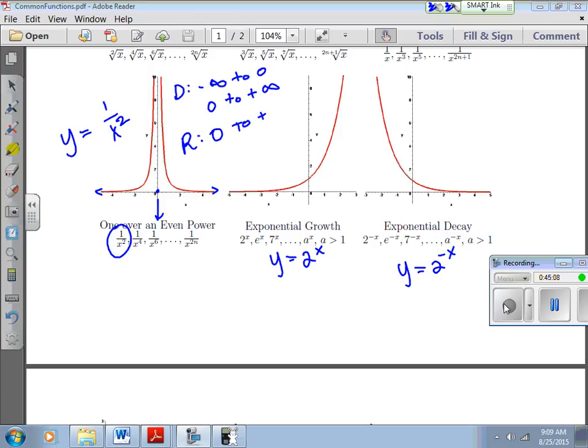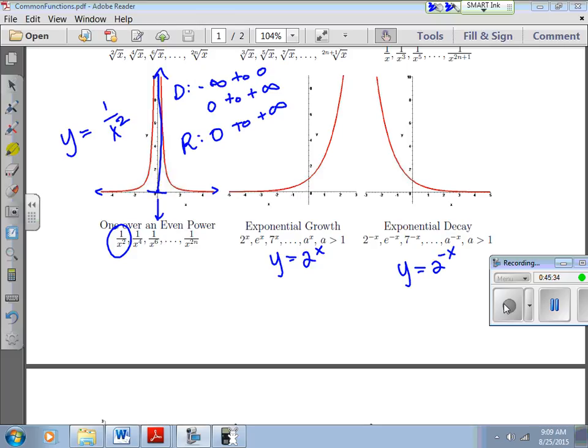To positive infinity. The range is from here, going forever there. Nothing below 0. Did you see that the domain was a little bit different? Because there was a gap there because of the asymptote.